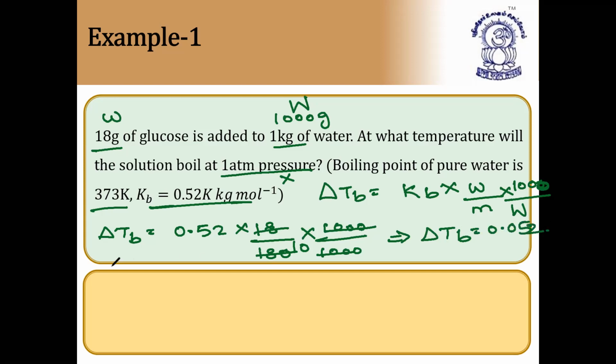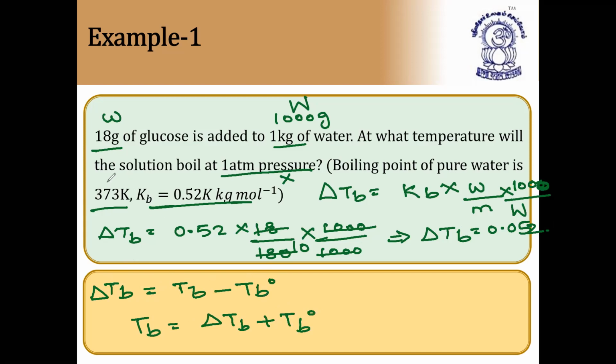So now TB is equal to, so already we know delta TB is equal to TB minus TB naught. By this you can write TB is equal to delta TB plus TB naught. So what is delta TB?